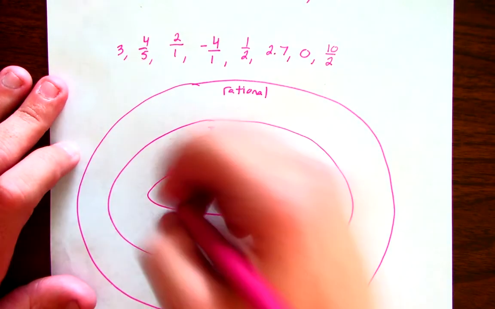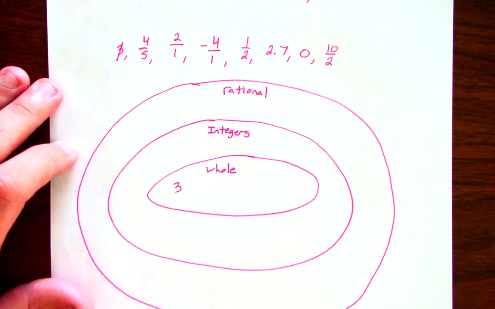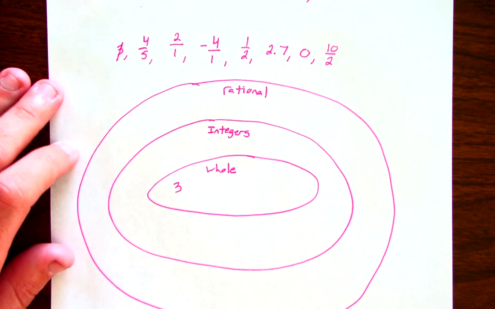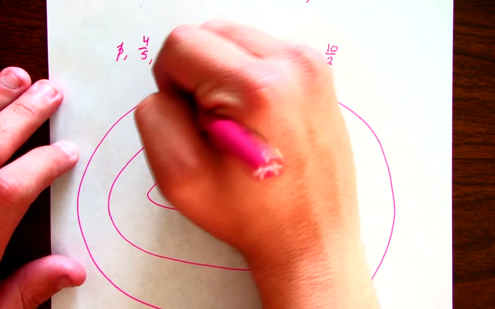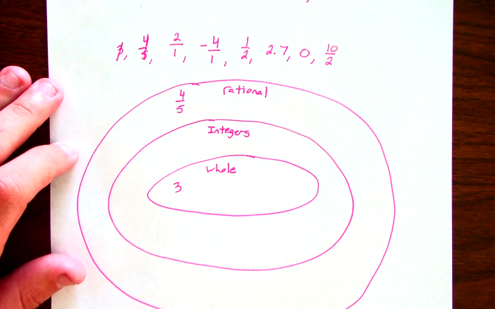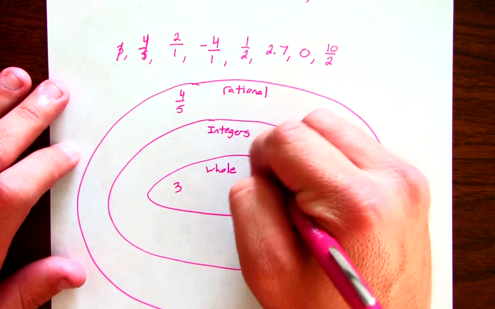Well, 3 is a whole number. That's where it's best going to go. 4/5. Can that fraction be simplified to a whole number? No, it cannot. So it is a rational number. 2/1. Well, guys, what is 2 divided by 1? Well, that's just 2. So that's a whole number.